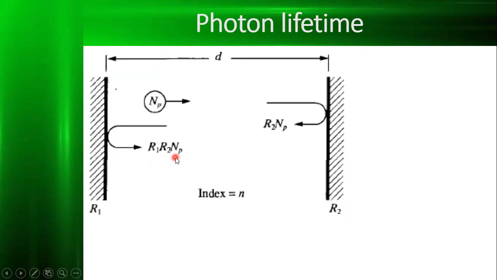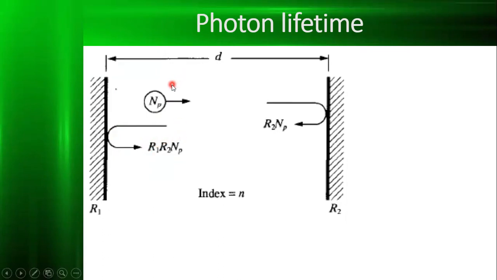So that means when we start with NB photons, after one round trip, we will end with R1 R2 times NB photons. So what survives from this is R1 R2 from NB.